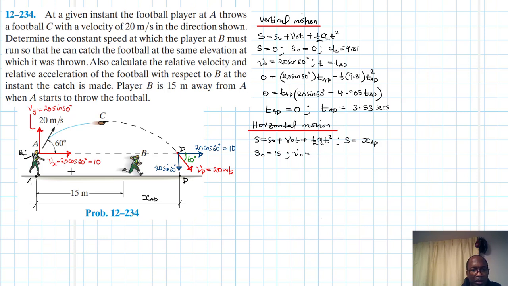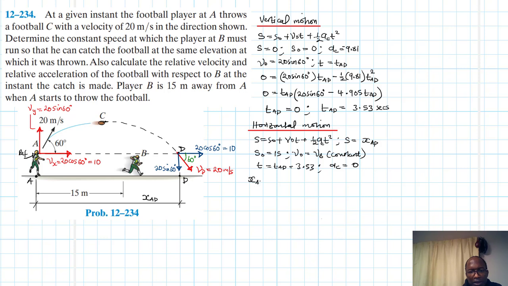We know the time it takes for the ball to get there, so this is just going to be V_B, and it is constant. What else? We have T, which is equal to T_AD, 3.53, and we have A_C equal to 0. So let's start with X_AD, and for X_AD let's use this equation.